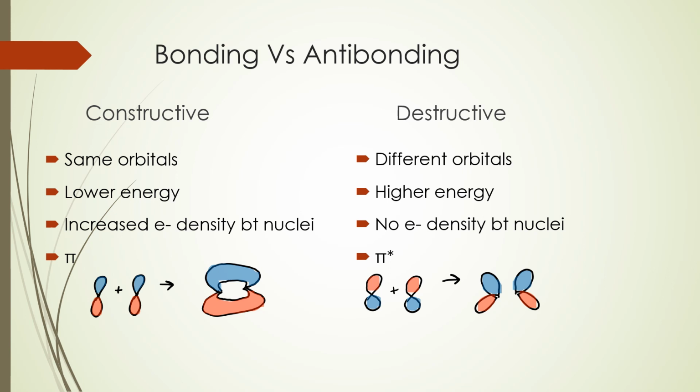This type of combination is also called bonding orbitals, represented by pi. If you combine opposite phases, it's destructive and has a higher energy. There will be no electron density between the nuclei. This type of bonding is also called antibonding and is represented by pi with an asterisk.